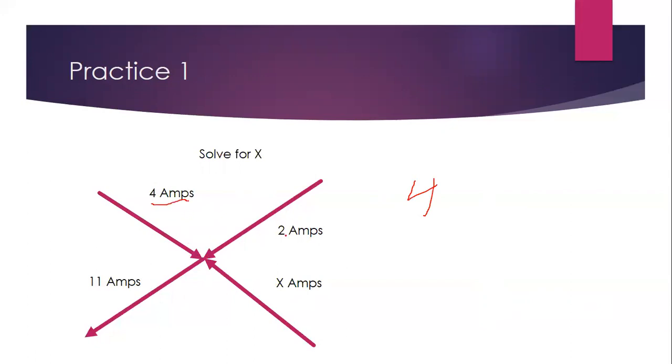Also going into this junction are 2 amps. And also going into this junction are X amps, so plus X. And then leaving the junction is 11. So we can say minus 11 and then equals 0.